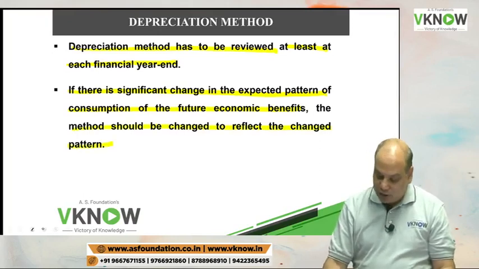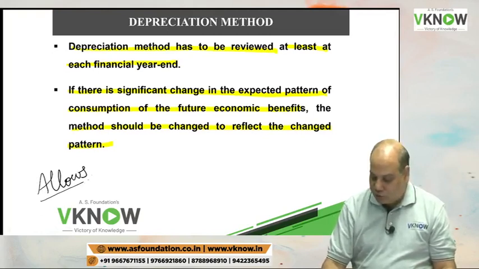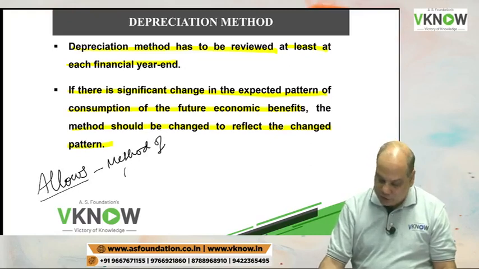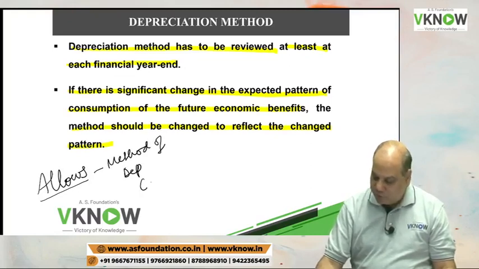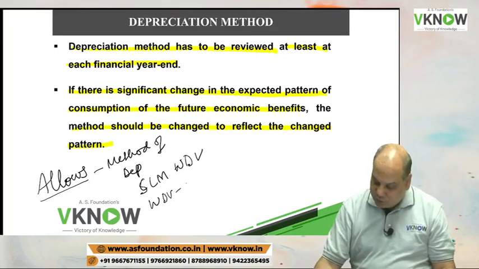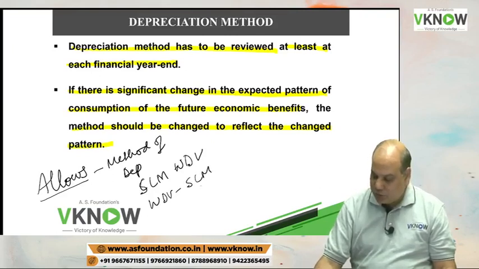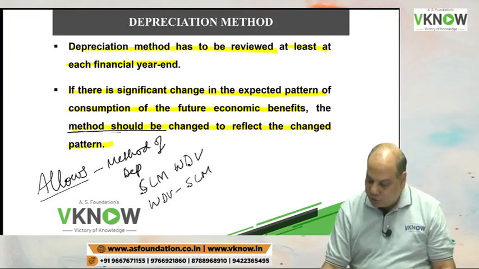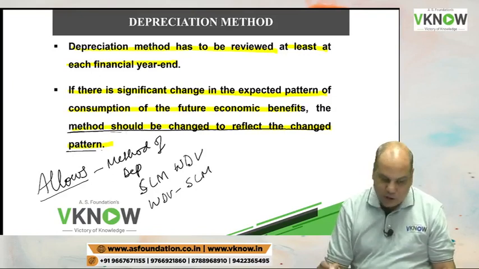So the standard allows you to change the method of depreciation. You can change from SLM to WDV, or you can change from WDV to SLM, depending upon how your future economic benefit will be consumed.